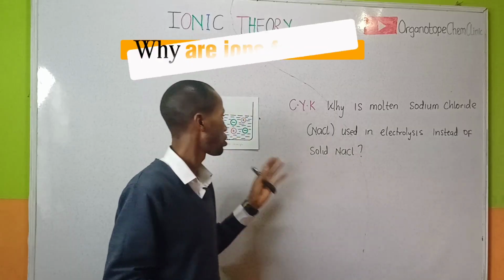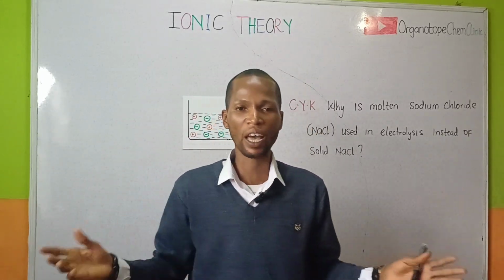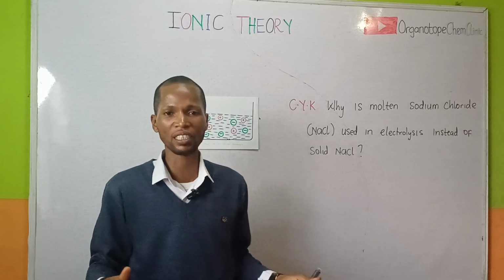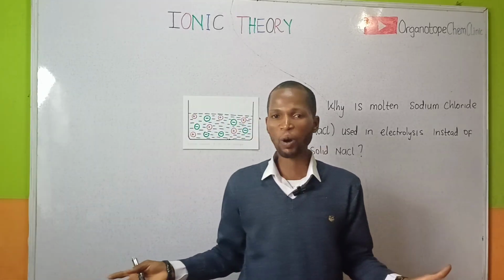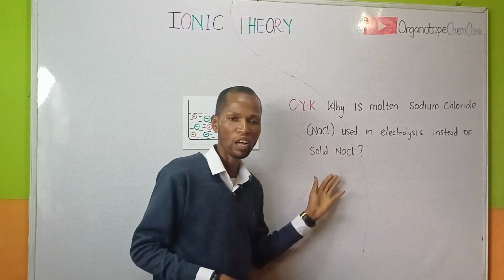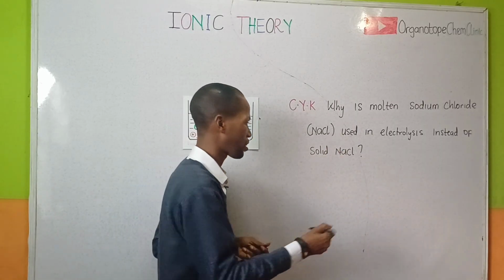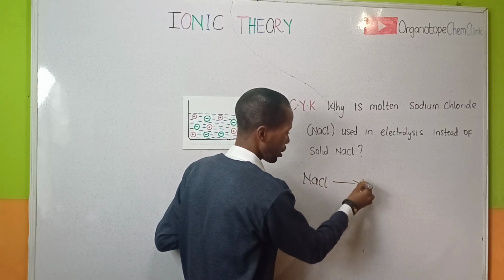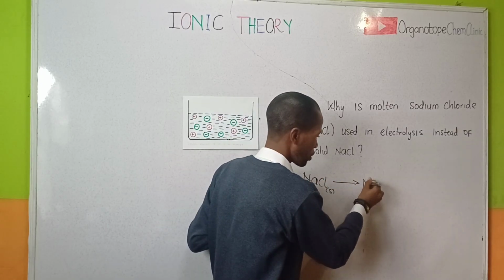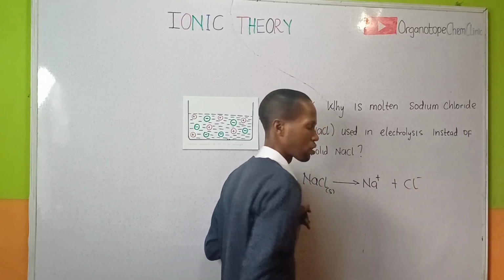Why are ions formed? This is because atoms want a stable electronic configuration, that is, the duplet or octet configuration. So the mobile ions formed when solid sodium chloride is melted can be expressed as sodium chloride resulting into the sodium ion and the chloride ion.